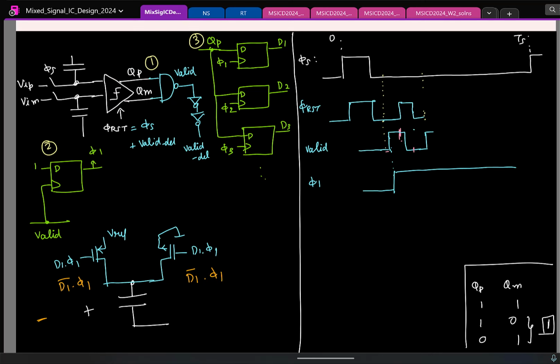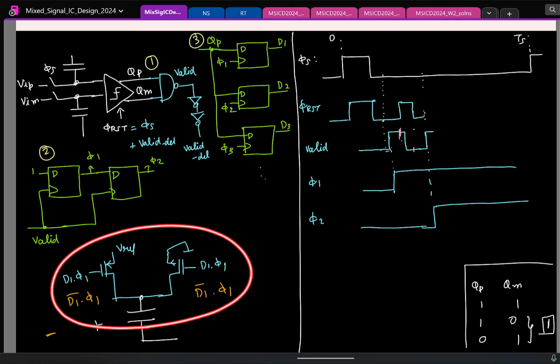Simple logic. So we can get the clock phi2. So you use phi2 to go and save the second bit here, right? And then you have the same set of switches. So you'll switch the corresponding capacitor and you generate the required voltage.